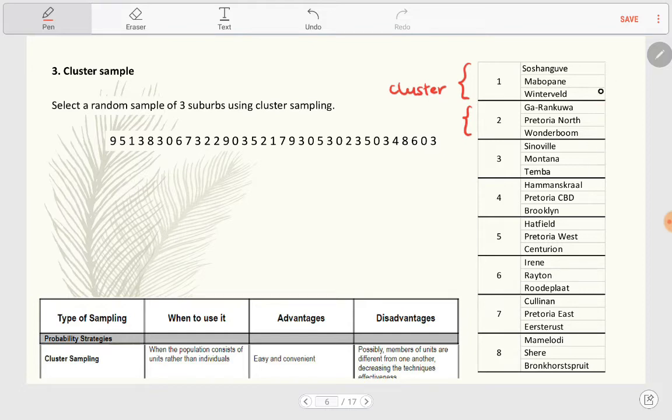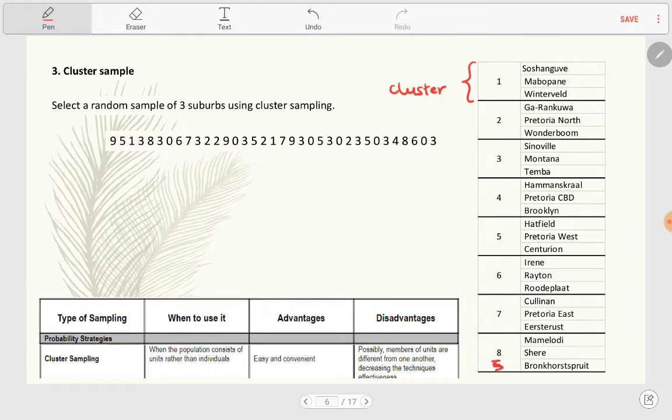So once you have your groups now, so I've pre-divided them into my groups, which are called clusters. Then what you do is you now take a random sample of the clusters. Referring back to my example, the first one where we did random sampling, you check how many things we're picking from. You can see we have 8 clusters.